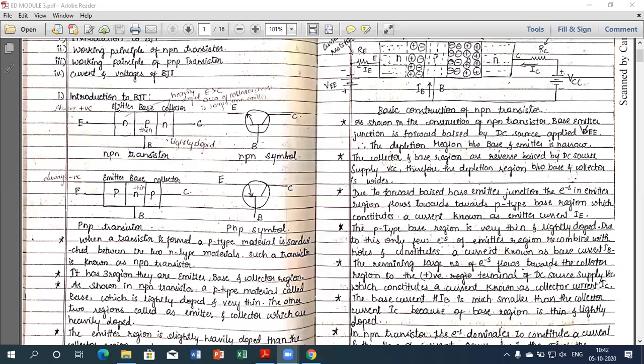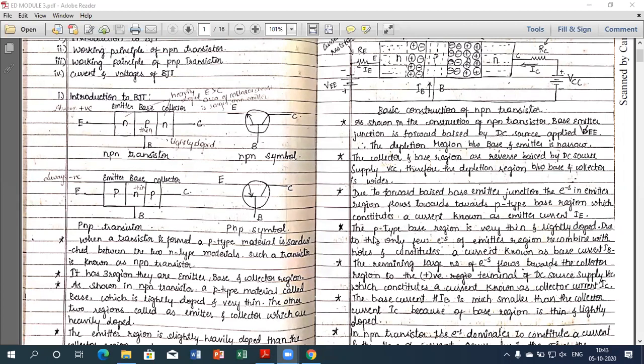Totally in BJT, we have two types of transistors, that is NPN and PNP. Then we have discussed the symbols of NPN and PNP, and the importance of the arrow mark to identify whether it is NPN or PNP.